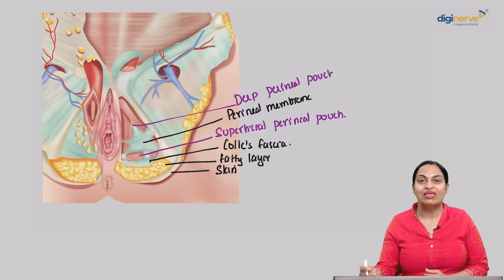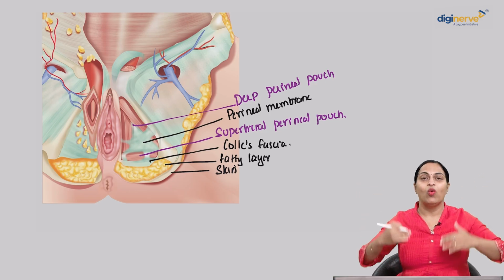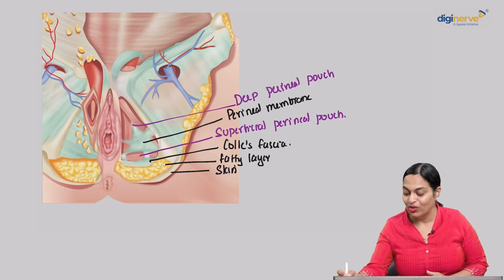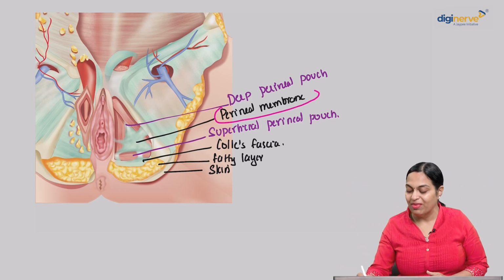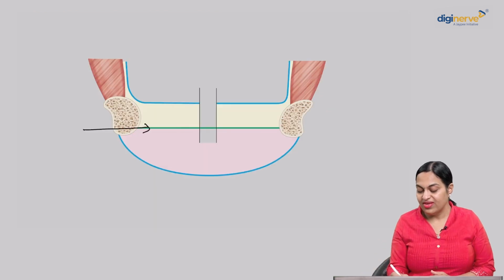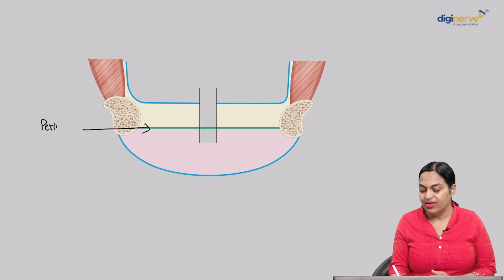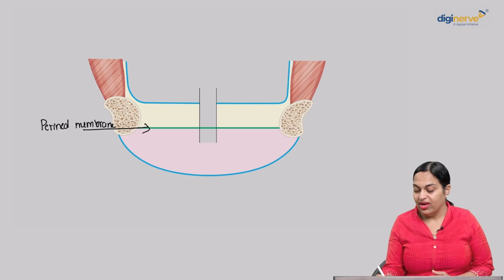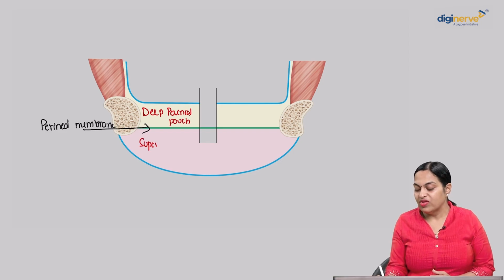So the demarcation between the deep perineal pouch above and the superficial perineal pouch below is the perineal membrane, isn't it? So if this is the perineal membrane, above it is going to be the deep perineal pouch, and below it is the superficial perineal pouch.